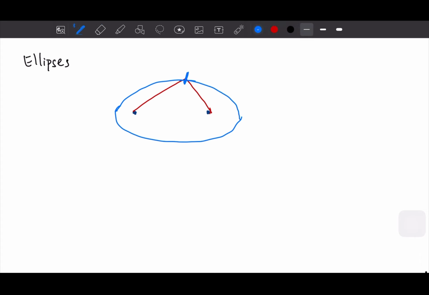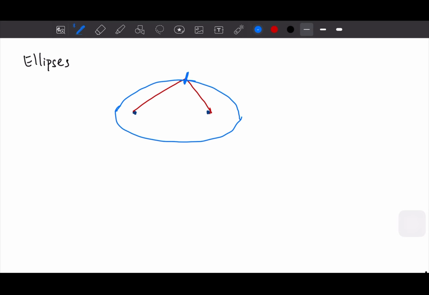Yeah, perhaps like that. You can draw like this. And if you change the locations, maybe getting closer here, it will be more like a circle.